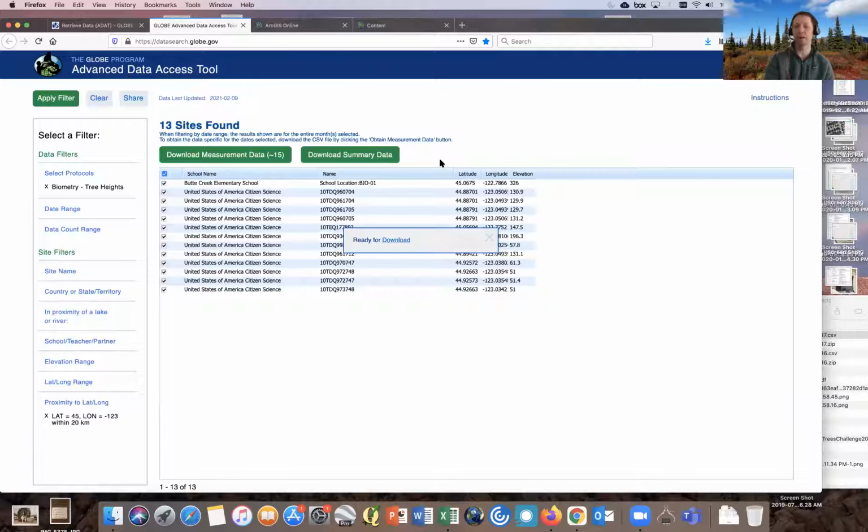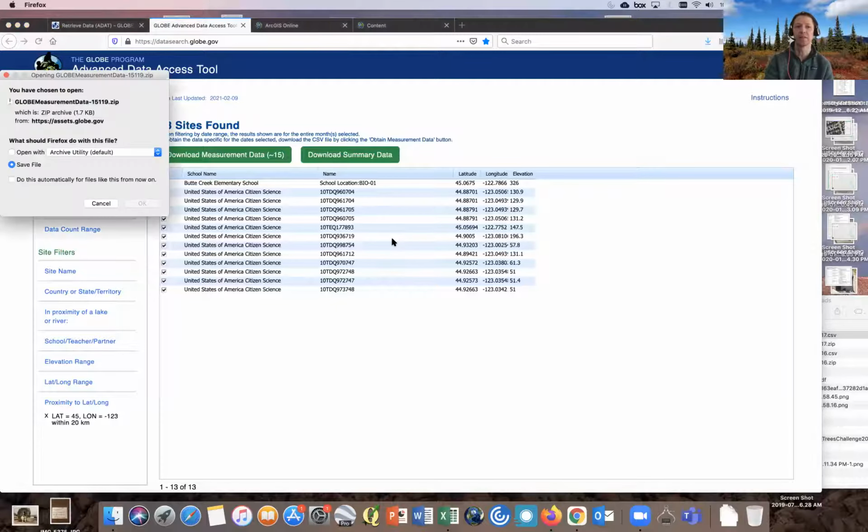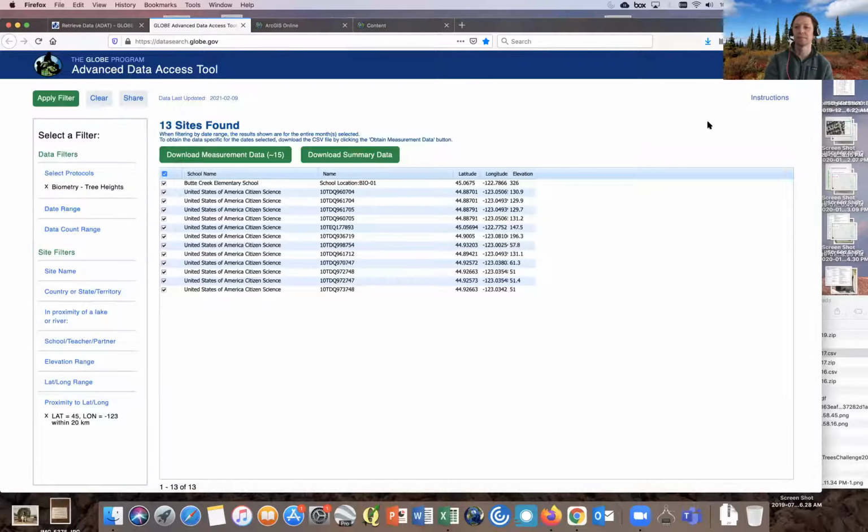So you might want to try both and see what the difference is in the data table for your particular research question. And as soon as that's ready for download, you get this option right here, and you can then download it. So I'm going to save that file, and then I can go up to my browser window here and open that up.